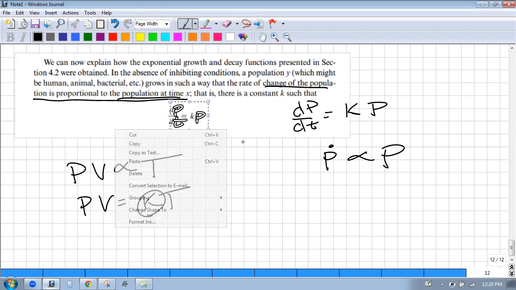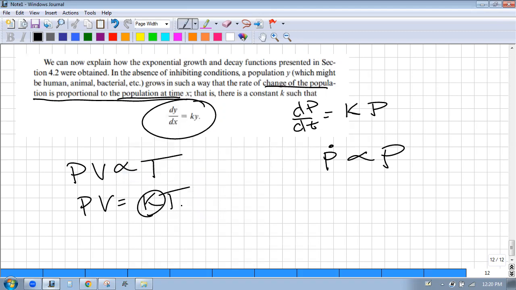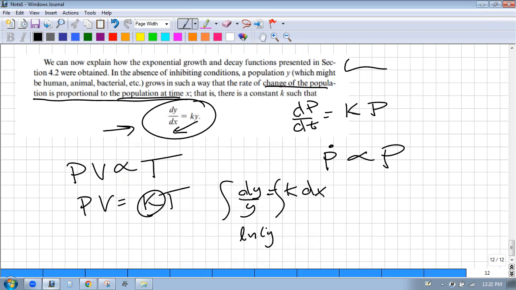But if we start off with this, here's the generic form. They use Y's and X's to be as generic as possible, even though the example was talking about population. If you have this, you bring the Y under here and bring the dx over there, and then you can integrate both sides, and you're always going to get a natural log.